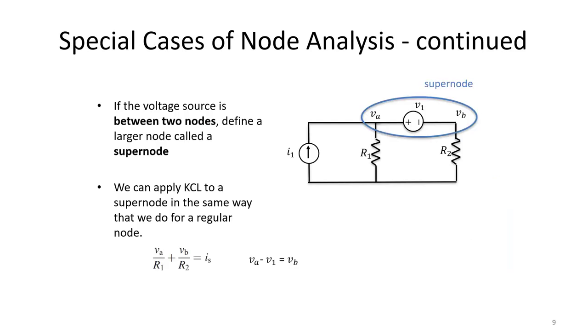The next special case of node analysis is called the supernode. Remember, if we have a voltage source between two nodes, then we create what's called a supernode. And how you can solve this with node analysis is you apply Kirchhoff's current law to the whole supernode.